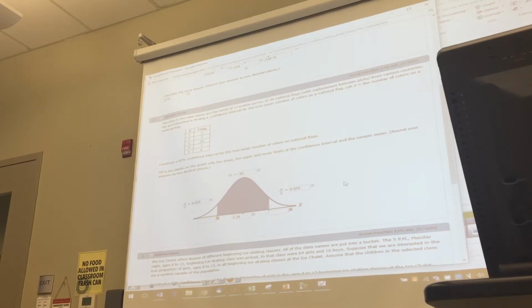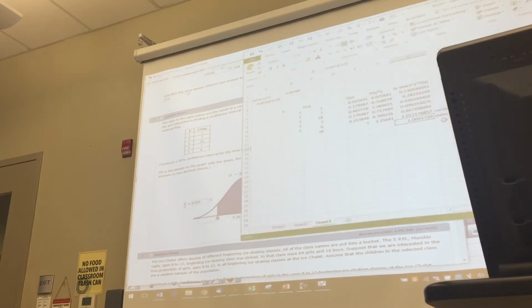So we have to go back to all the information that we gathered back here. Our standard deviation was 1.0657, divided by the square root of n.